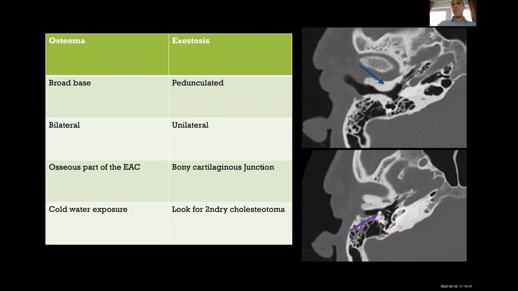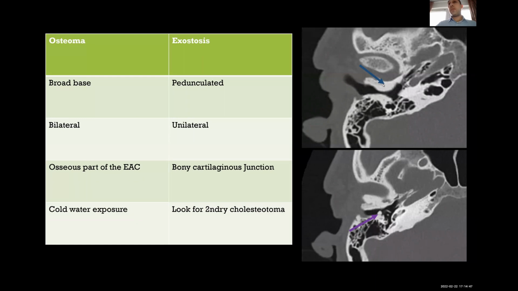Osteoma is at the bony cartilaginous junction, and here is the osseous part of the external auditory canal. And here is the surfer ear, cold water exposure. Look for secondary cholesteatoma. So this should be reversed, and they will be reversed on the presentation saved on the side. So these should be osteoma and these should be exostosis, but the details underlying both of them are true.